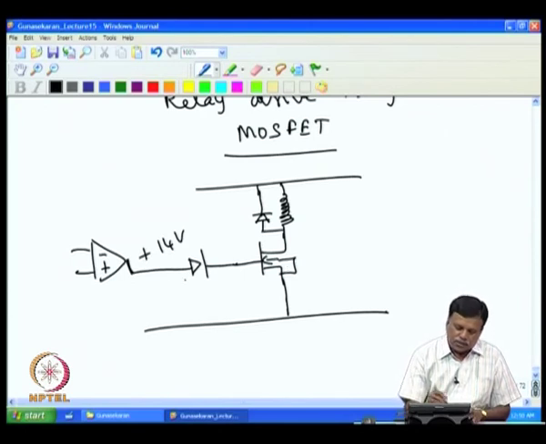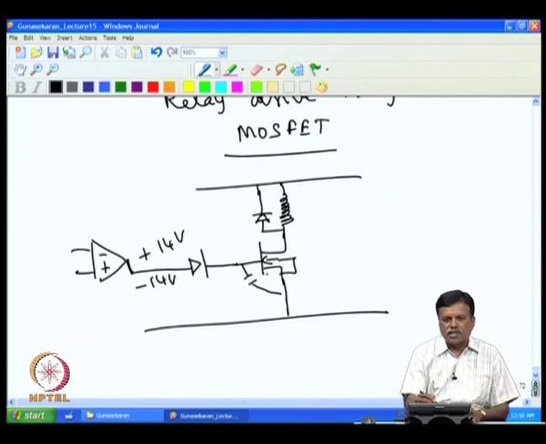Then when this goes to minus, say minus 14 volt, this diode will be off and you will get no voltage here. The diode will not allow discharge, but the MOSFET has a capacitor and that capacitor can't be discharged. So, even when it goes to minus 14, this capacitor will be holding the charge and the MOSFET will be continuously on, it will not go back.